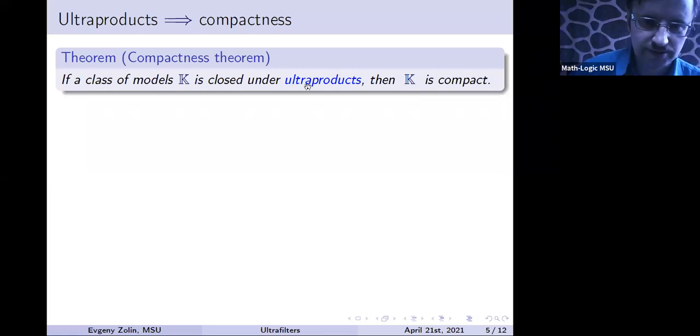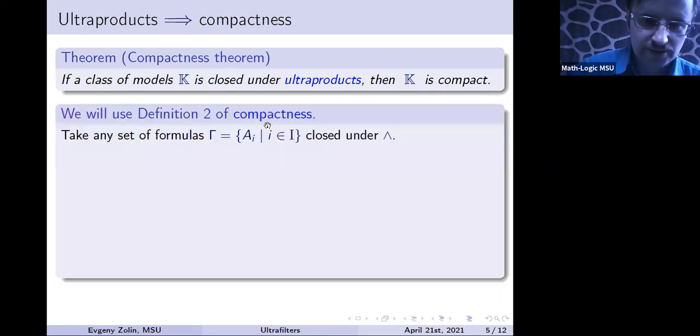So as usually in mathematics, closed under something means that applying this operation doesn't take us outside K. So we remain in K. So let us see how we can obtain this.